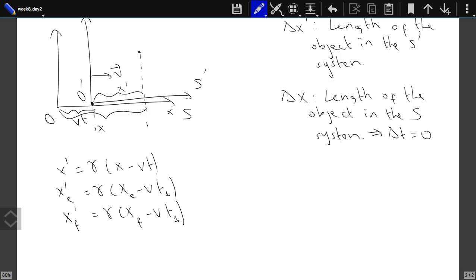Let's see. At every point, put a detector. And you agree that they will all measure whether there is an object right across them or not at the same time. You synchronize them. In a single reference frame, there's no problem with synchronization. So at every point you put a detector, they all make the measurement at the same time, and at that time they see whether there is this object right across them or not.